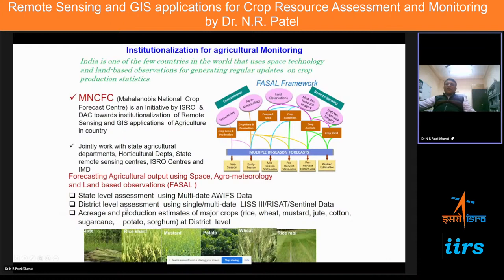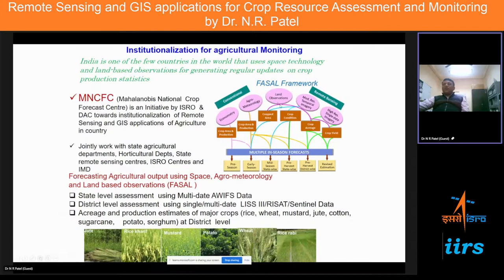At district level, it is for more than 15 crops. Right now, this center gives every season, Kharif and Rabi both, acreage and production estimation of all these crops: rice, wheat, mustard, jute, cotton, sugarcane, potato, sorghum. Many more crops are also being added for regular operational crop acreage estimation as well as monitoring.